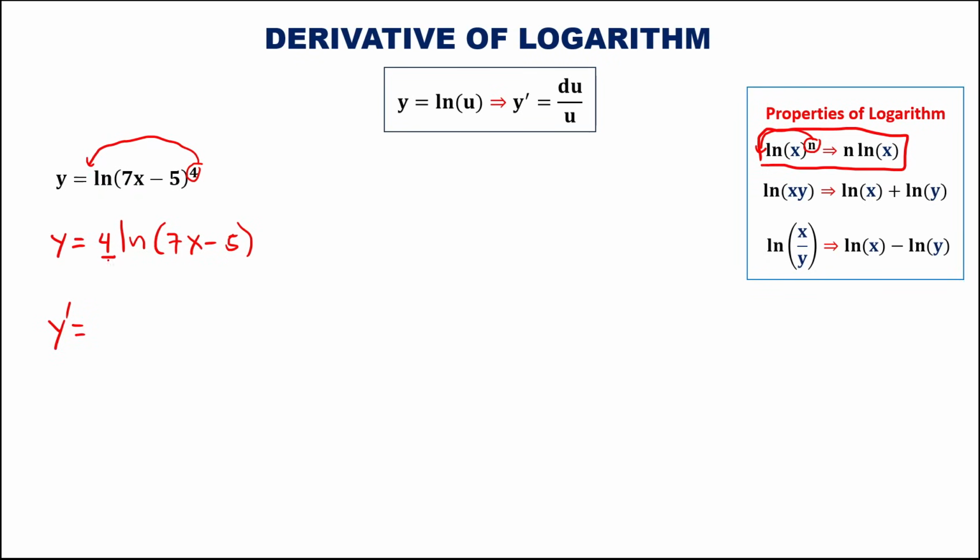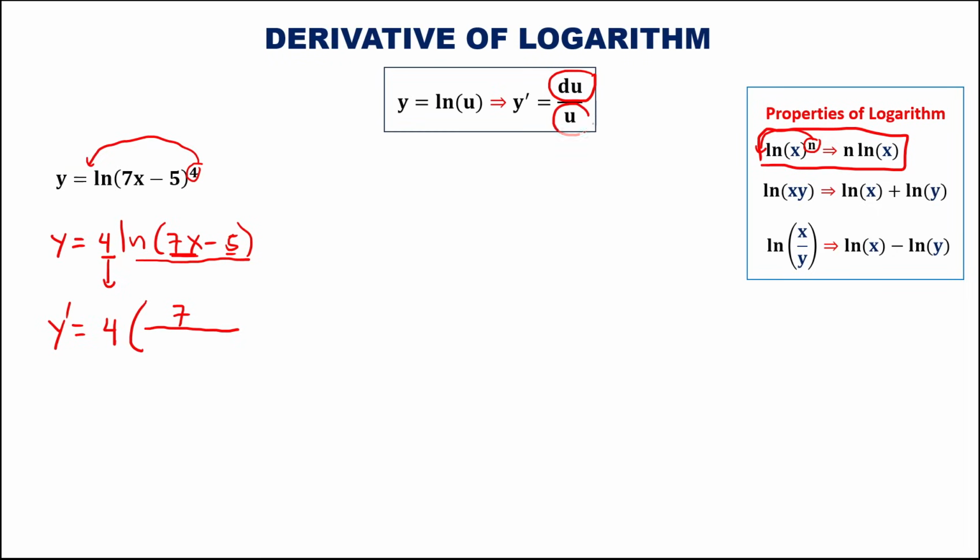So always bring down the constant, then times the derivative of a natural log, where the numerator is the derivative of u. So we have the derivative of 7x, this one is 7, and the derivative of a constant is 0.